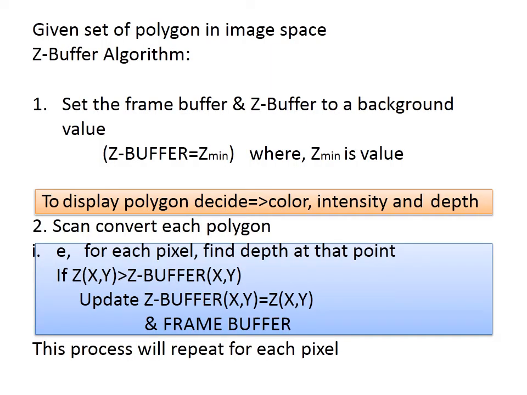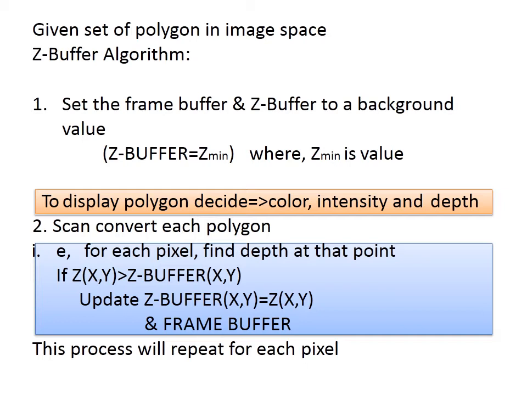So given a set of polygons in image space, Z buffer sets the frame buffer and Z buffer to a background value. Z buffer should be Z minimum, where Z minimum is the value. To display a polygon, decide color, intensity and depth.